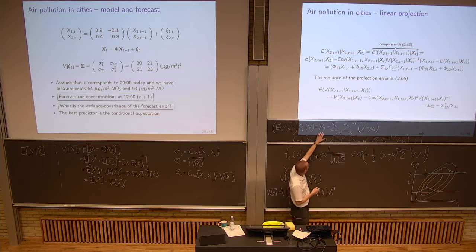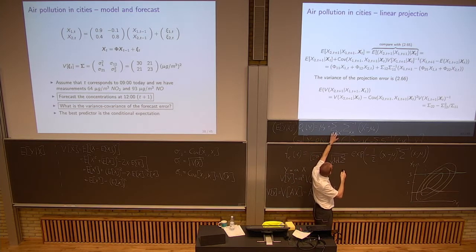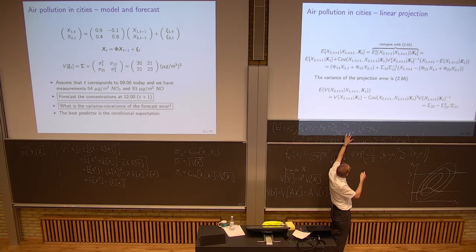So what we need to have here is the expectation of x2 as the expectation of the variable that we want to care about up there, given all the previous information, plus the covariance between x1 and x2, given all the previous information. And then we have the variance of x1 inverse.